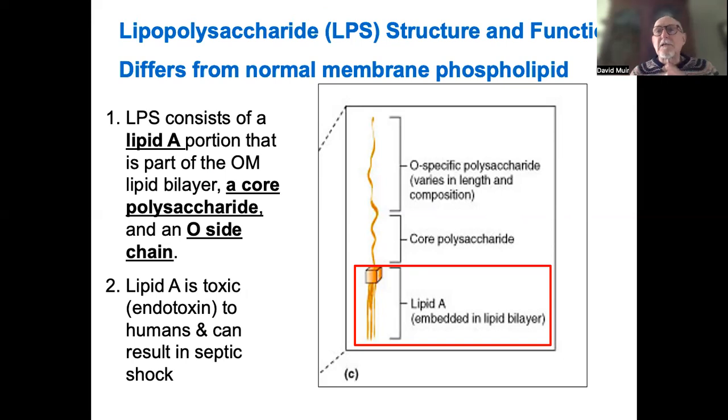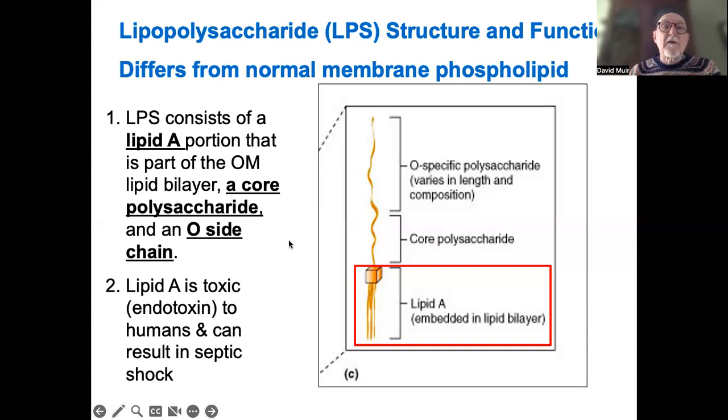An endotoxin is one which is a component of the bacterium itself and tends not to act as a toxin until it is released when the bacterium dies. This is as opposed to an exotoxin. An exotoxin is one which is released by the living bacterial cell into solution around it.